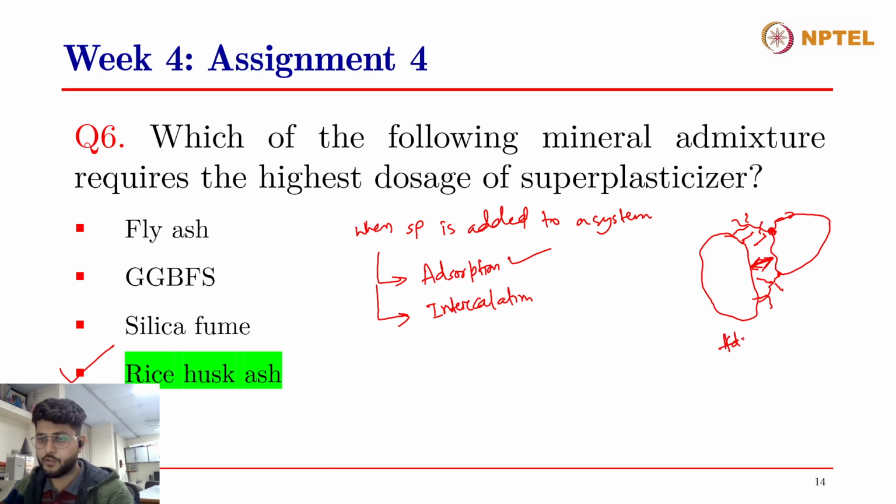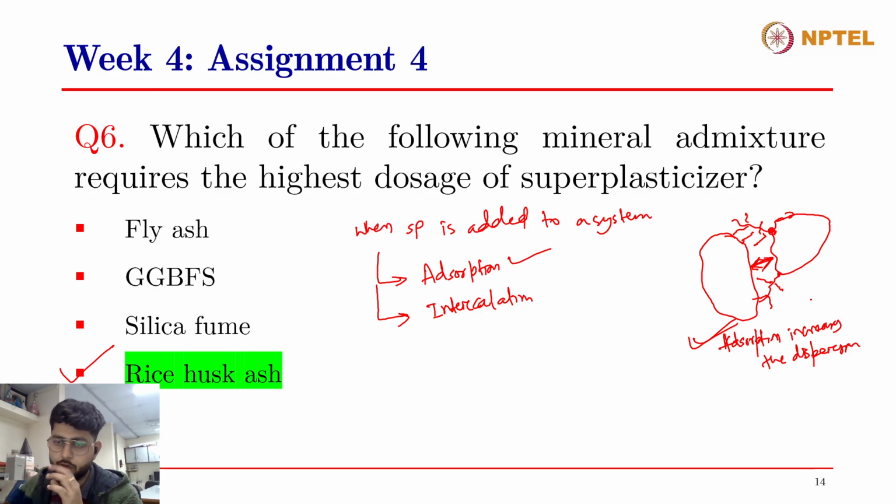So adsorption increases the dispersion, so it is good for us. It is the desired use of superplasticizer, that it adsorbs onto the solid particles and disperses them further apart in order to produce a plasticized system.